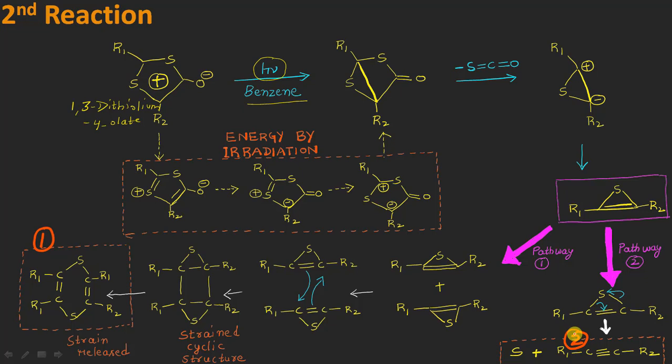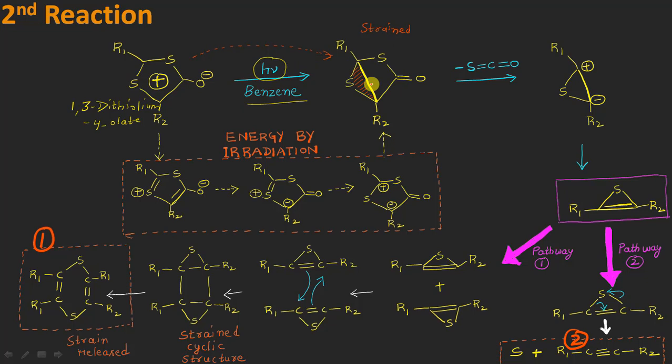Okay, the first thing you can see here is the conversion of the mesoionic molecule into this type of intermediate, and you will see that in this intermediate we have this strained 3-membered ring, right? So how can we explain the conversion of this stable molecule into this type of strained molecule?